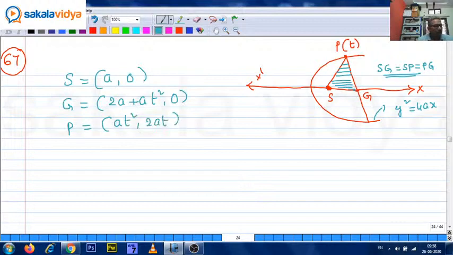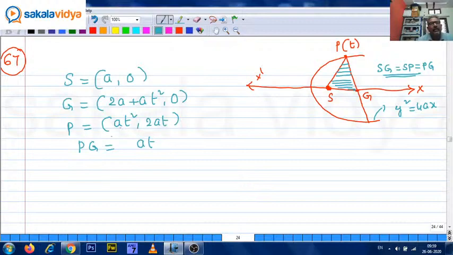Now just the length we need to find out. Find out PG. PG is also the length of the equilateral triangle. PG is equal to the distance between these two points. Let us find out PG distance.